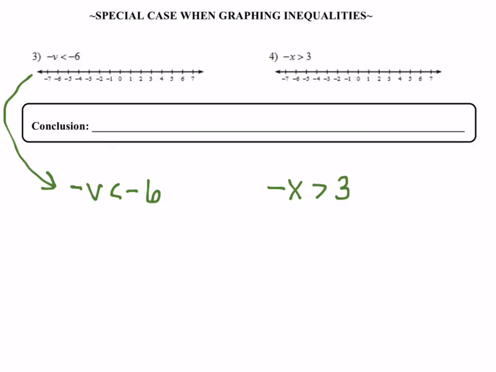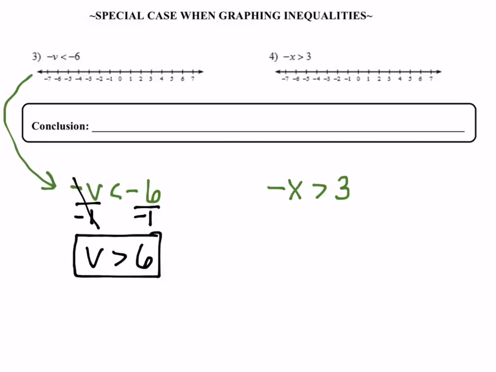There are special cases when graphing inequalities that need to be taken into consideration. If you have a negative sign in front of your variable, like these two examples here, you have to divide by -1. Because technically, that v and that x, they're not alone yet. And whenever you divide by a negative, or multiply by a negative for your inequalities here, you have to flip the inequality sign.